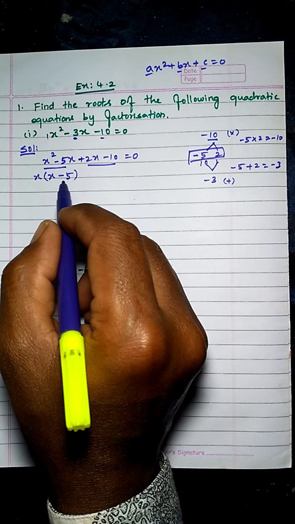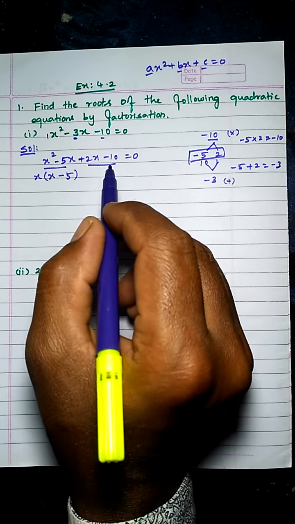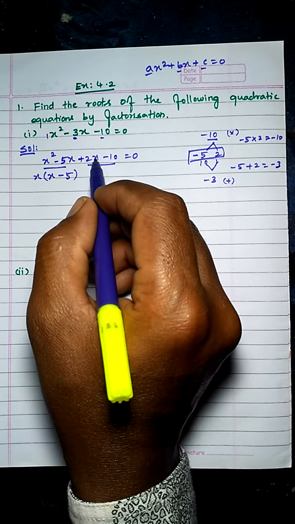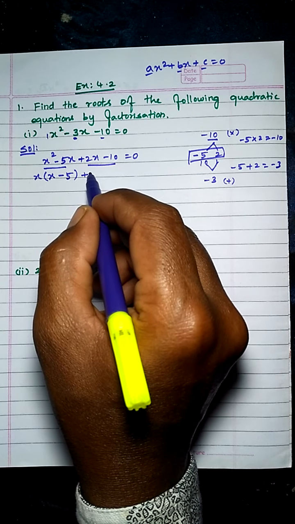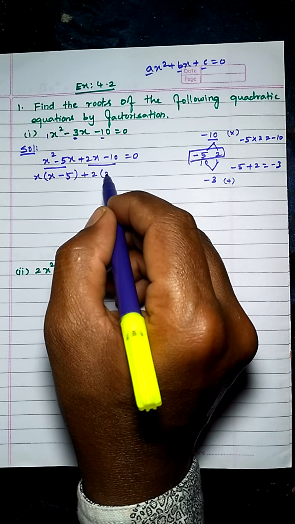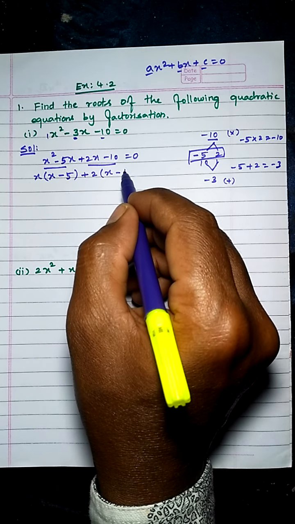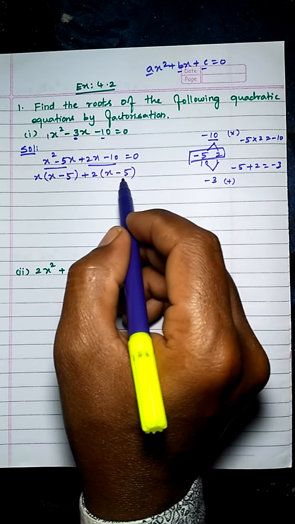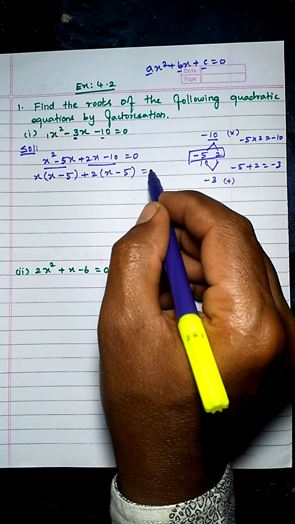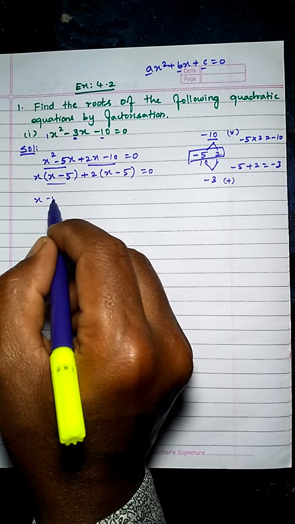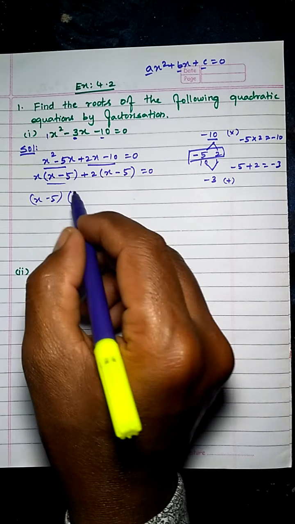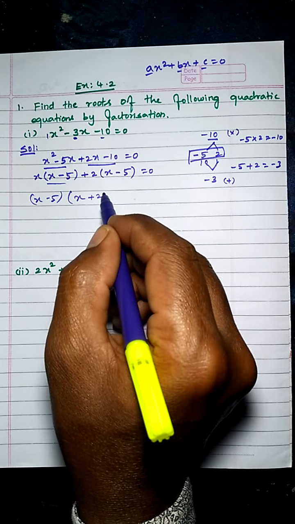Remember, whatever you get in the first bracket, the second bracket must also be the same. Now in this pair there is no x common, so let's take 2 as common outside. If you take plus 2 common, x minus 5 is 10, how many times? 5 times. See, in the first bracket, the second bracket is the same, equal to 0. Now take x minus 5 common outside. If you take that, the remaining is x here, and plus 2 here.